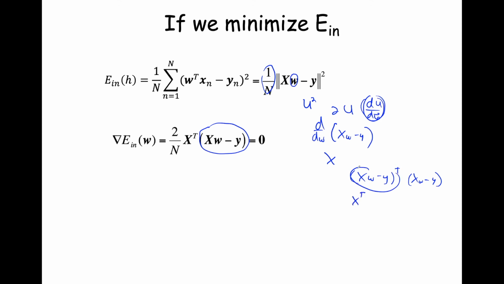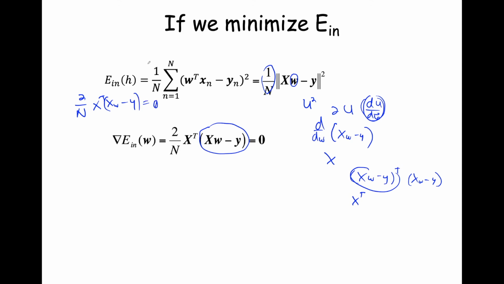And so that's my result. I set that equal to 0, and then I solve for W. So now I'm left with this expression. I'm left with 2 upon n, X transpose XW minus Y is equal to 0.